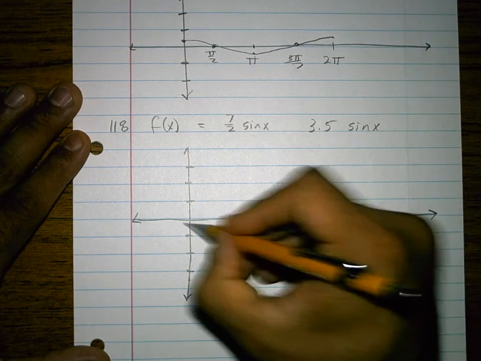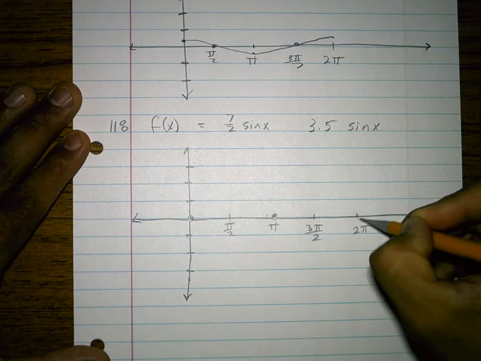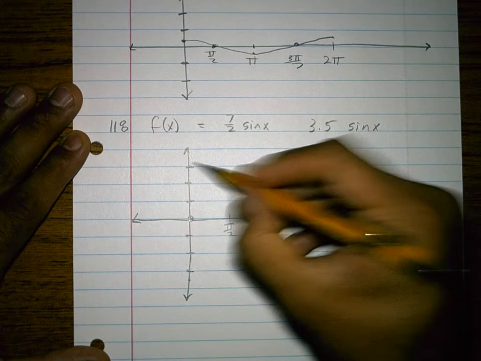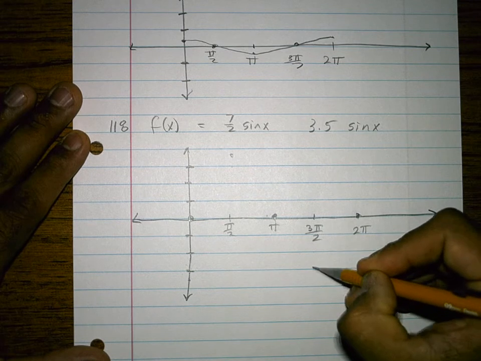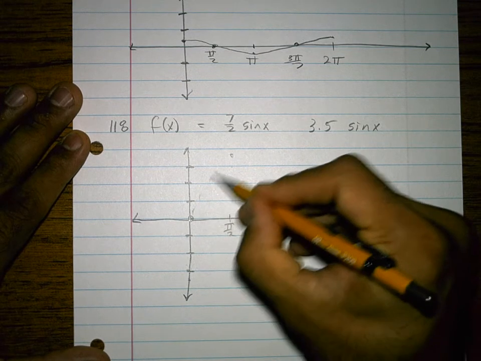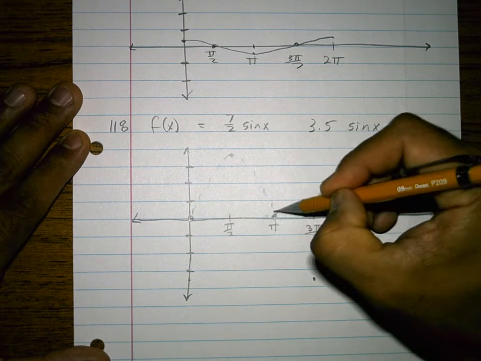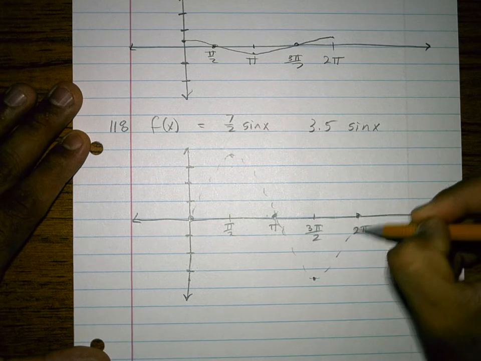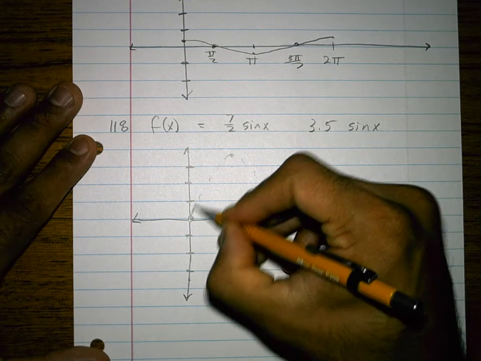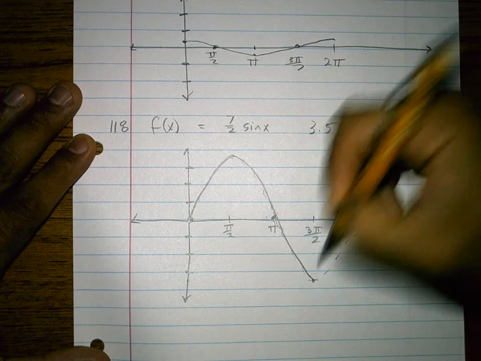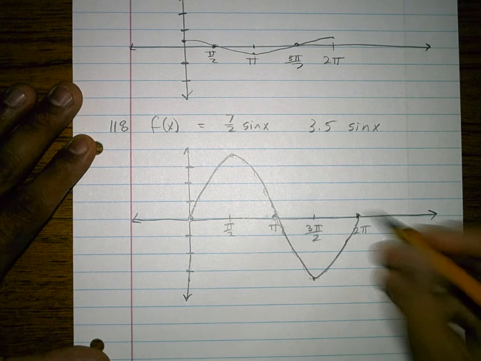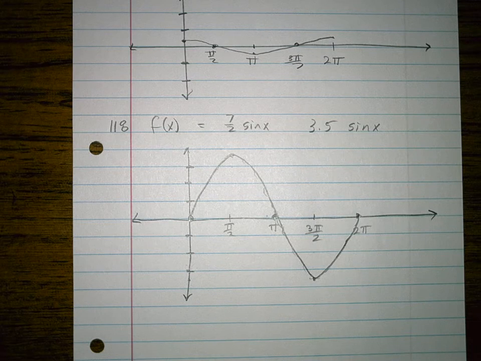So I go up, so I still have, let me get my x-intercepts. So here's 3.5, about right there. 1, 2, 3.5's right there. So there's my sine curve. Once again, no change to the period or any kind of a phase shift. Okay, and there you go.